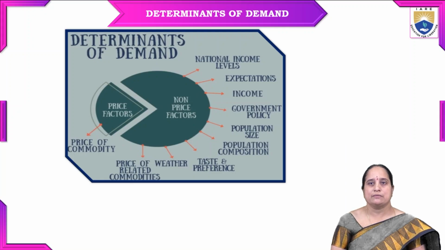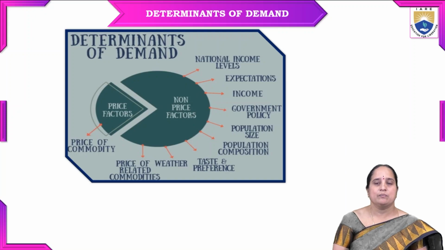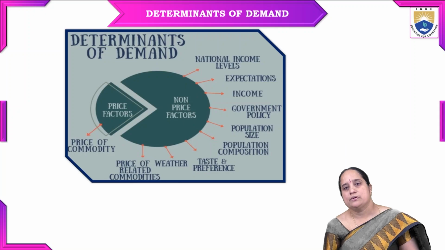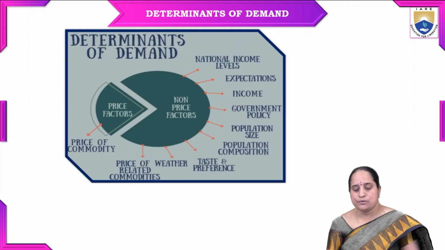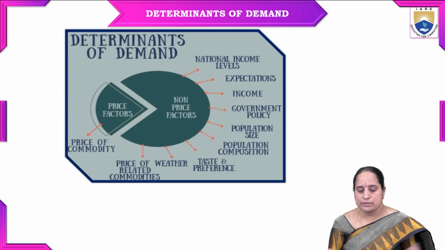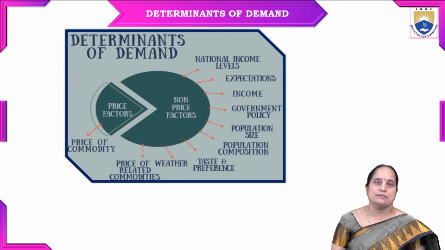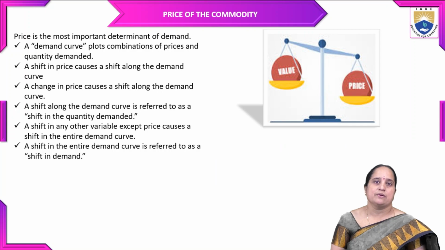Non-price factors include national income levels, expectations of the people, income levels, government policies, population size, population composition, taste and preferences of consumers, and price of related commodities. All these together are known as demand determinants.